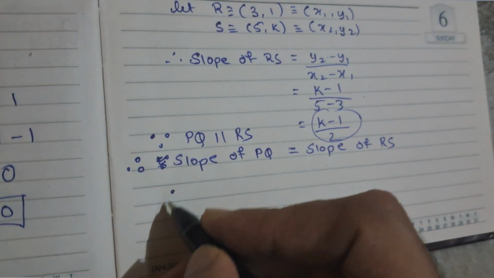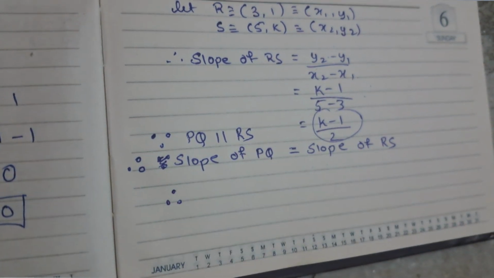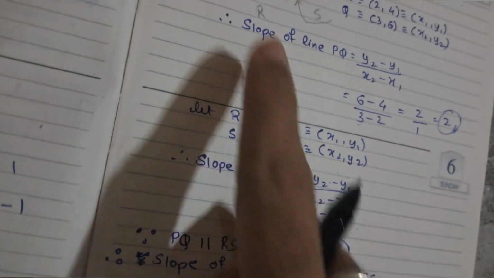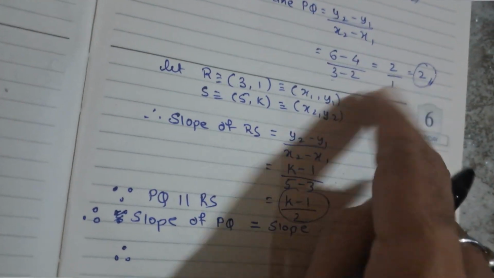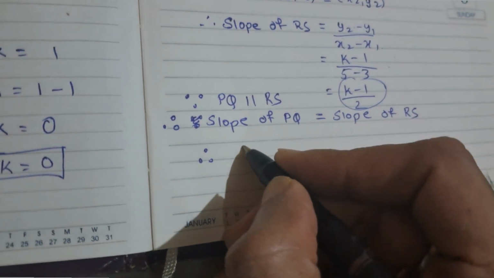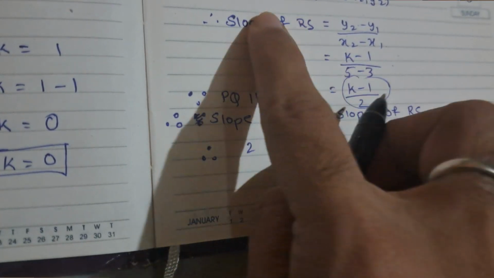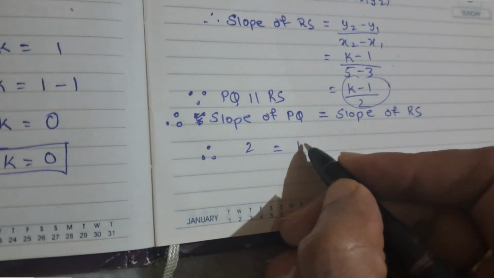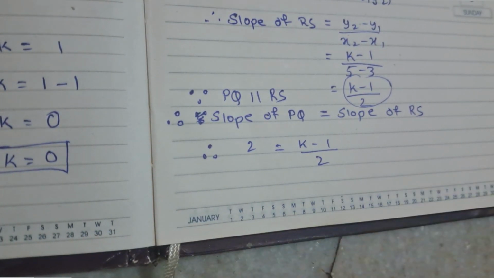And I have both the values. What is slope of PQ? Slope of PQ is 2. And slope of RS, I have it over here, k minus 1 upon 2.